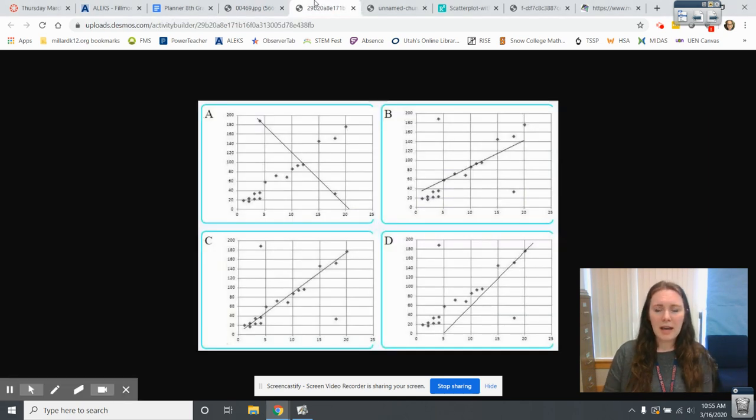So here we have a different graph from before, with some poor examples of a line of best fit. Here's the points, here's the points, and a couple of outliers like you saw on your homework yesterday. But connecting these outliers and drawing a line, which in this case has a negative slope, is not a good line of best fit because it does not follow the general trend of all the data.